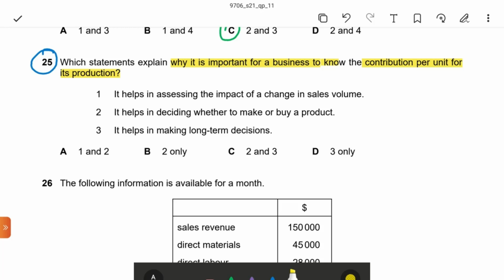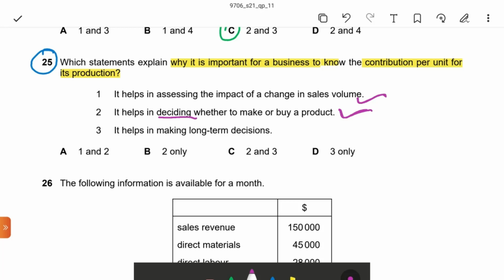It helps in assessing the impact of change in sales volume. Yes, after deducting the variable cost, it will help the business to assess change in sales volume. It helps in deciding whether to make or buy a product. Yes, based on the contribution, the business decides what is profitable, making or buying.